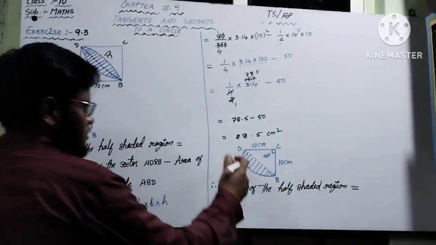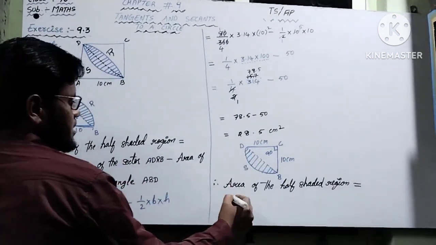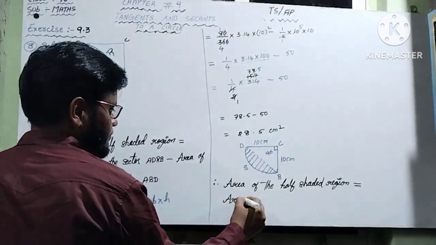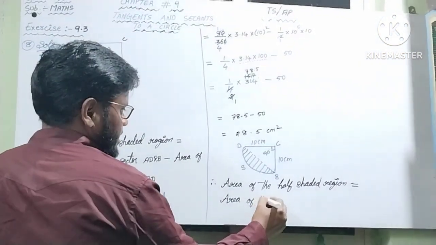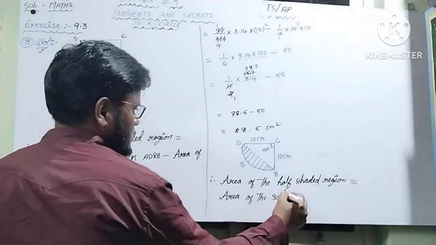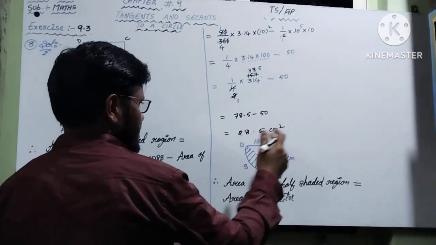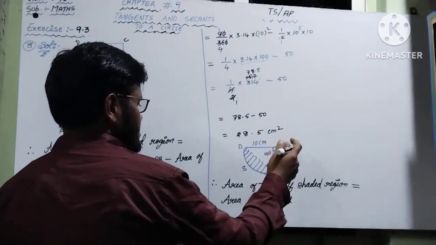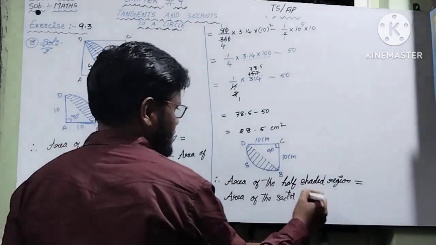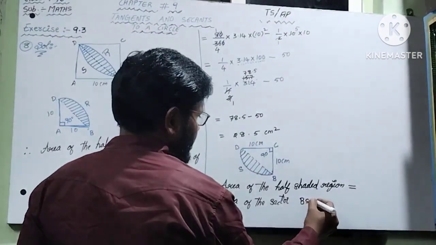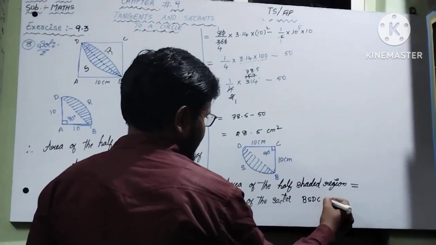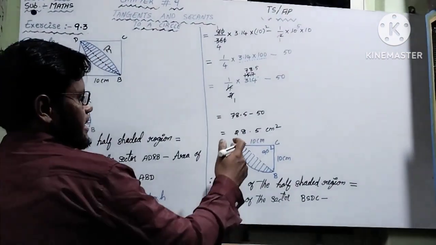equals to, formula is what? First take the complete figure. Area of the sector, name is what having? B S D C, otherwise B C D S. It's your wish. B C D S minus area of the triangle.